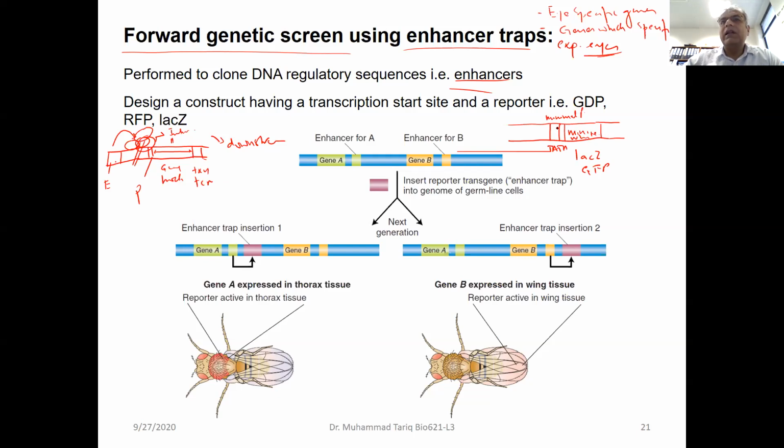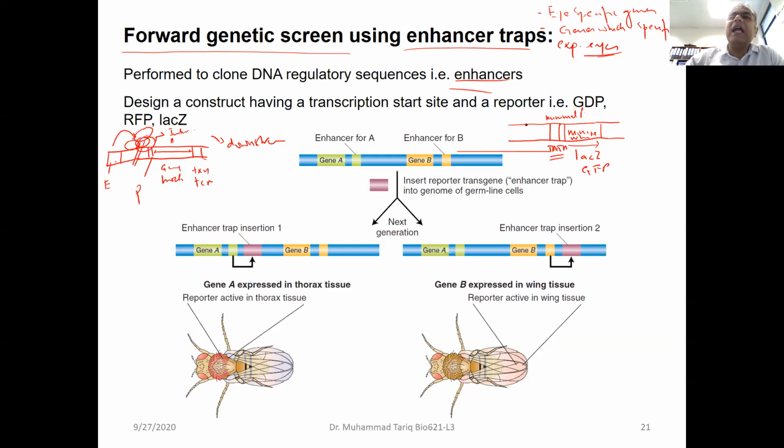So the idea was, in the presence of a minimal promoter, our reporter gene, which is lacZ, GFP, or mini-white, will not be able to transcribe; it will not be active.